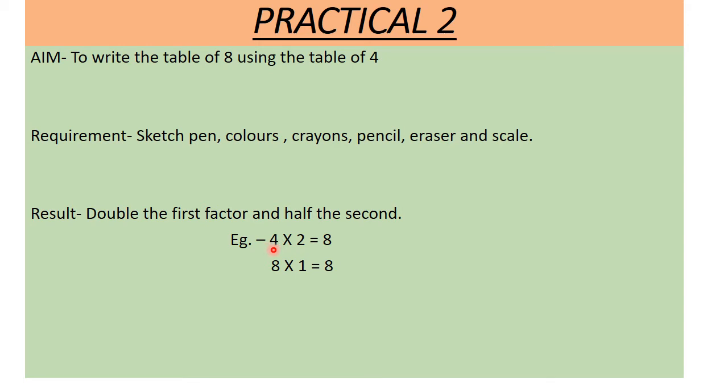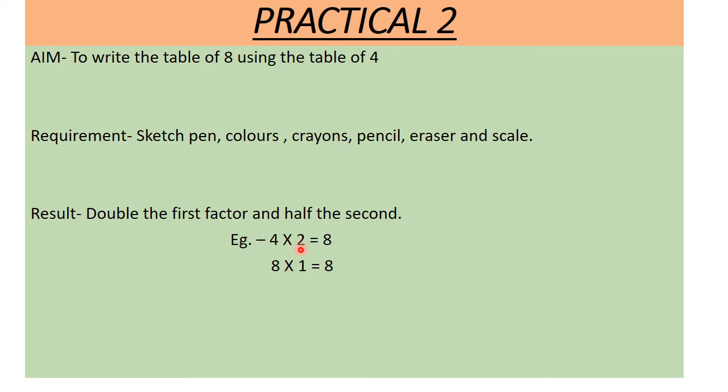If you double 4, you will get 8, and then after the sign of multiplication you have 2, and you have to write the half of it. So what is half of 2? It is 1. So what I have done: double of 4, which is the first factor, and half of the second factor, which is 2.